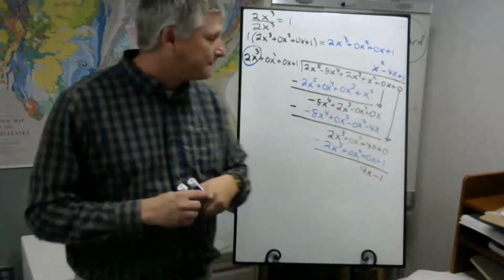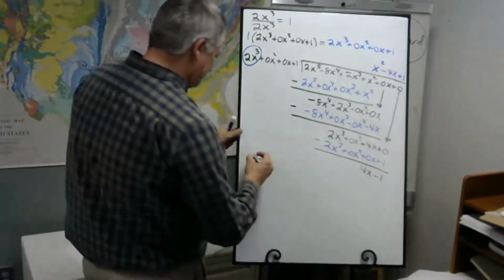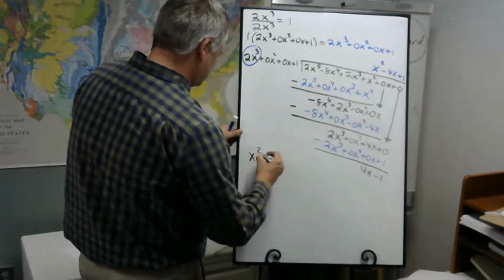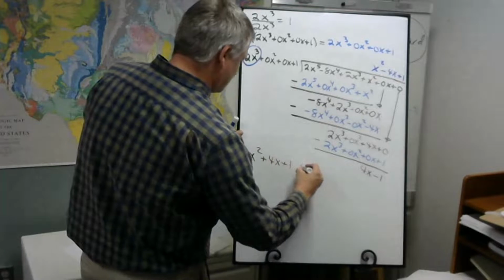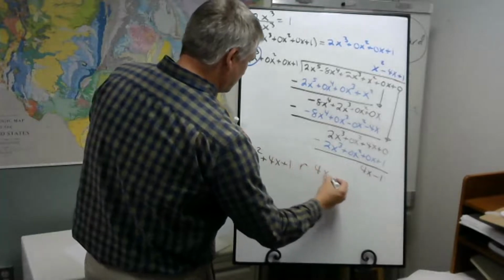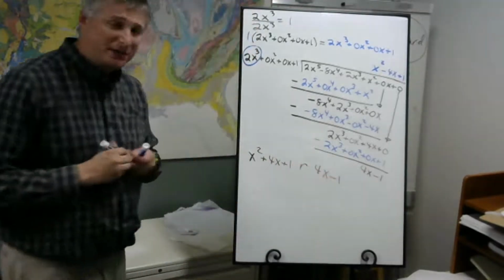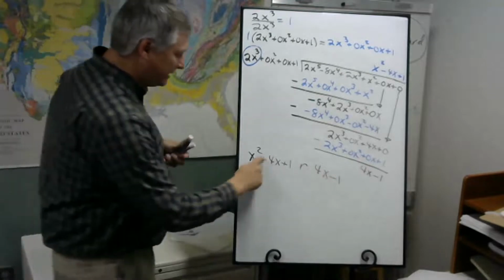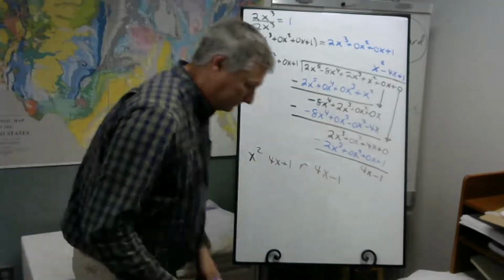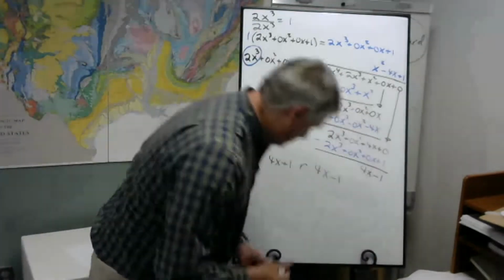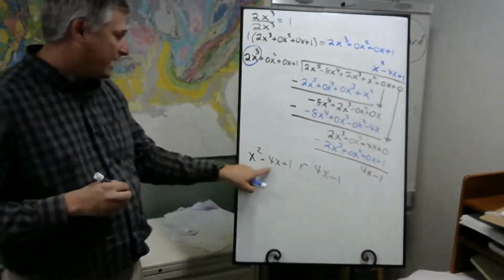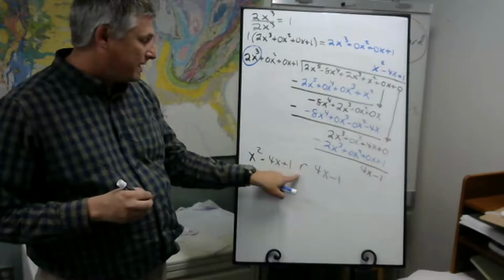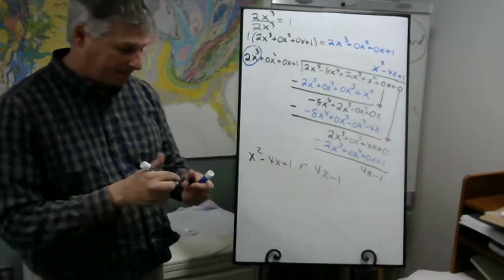So what did we get? Well, we got this. So the answer is x squared minus 4x plus 1, remainder 4x minus 1.